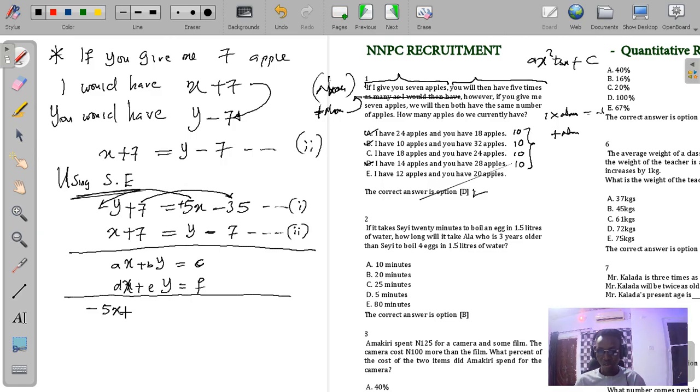So I'll just put plus y, then equal to, then I don't have 5x here anymore. What I have left here is negative 35, and I want to bring this plus 7 like this, and that becomes minus 7. Hope I'm not too fast. Do you understand that? Is that clear, guys?